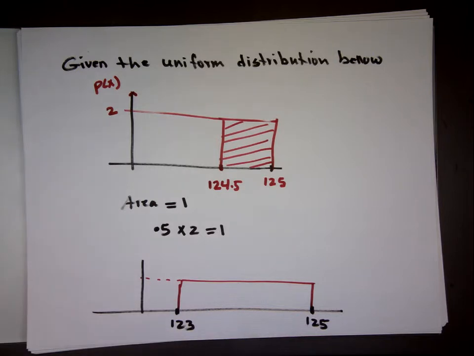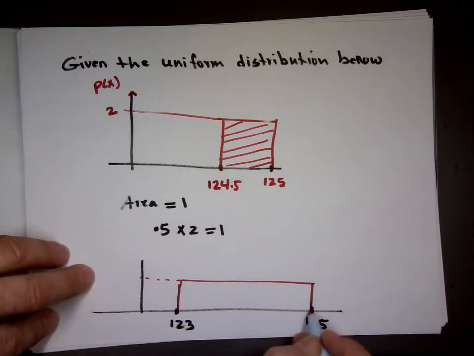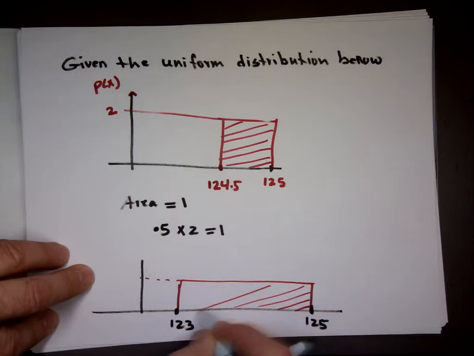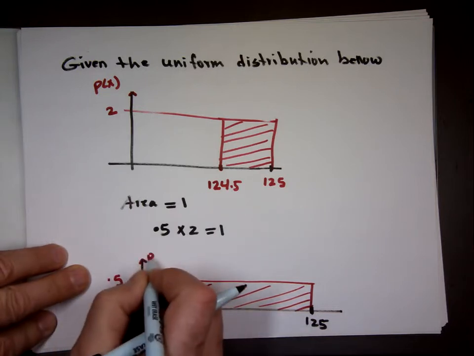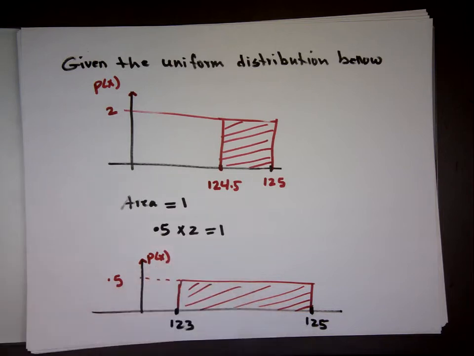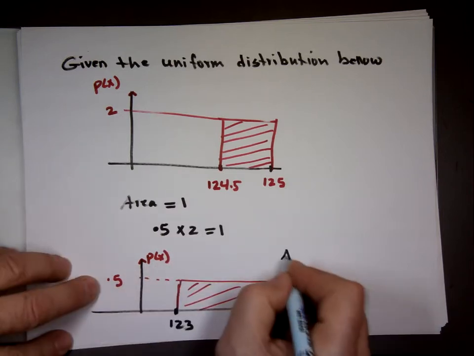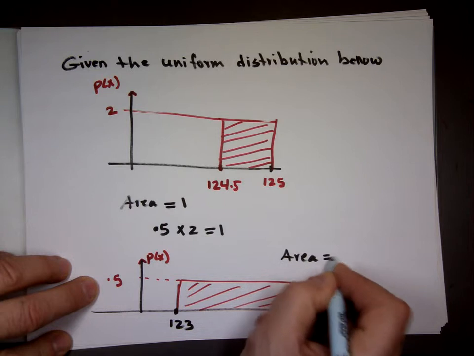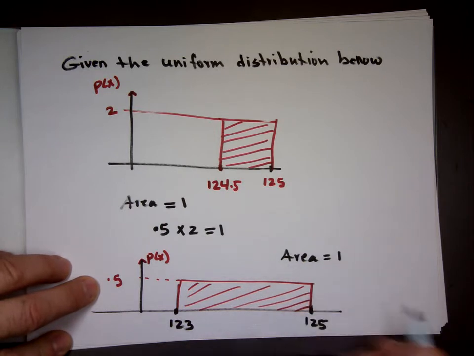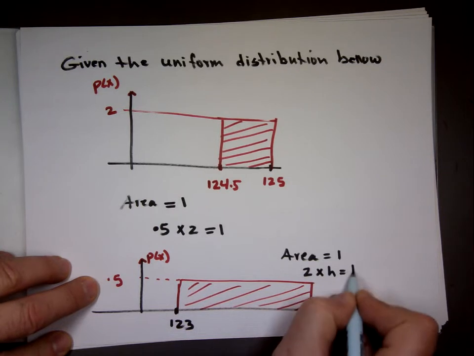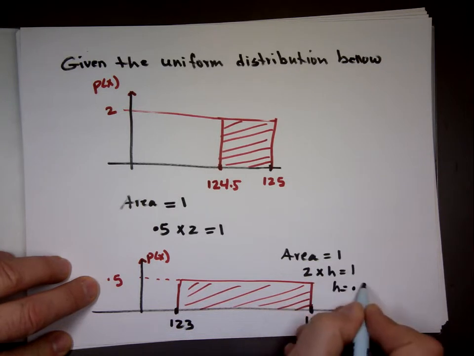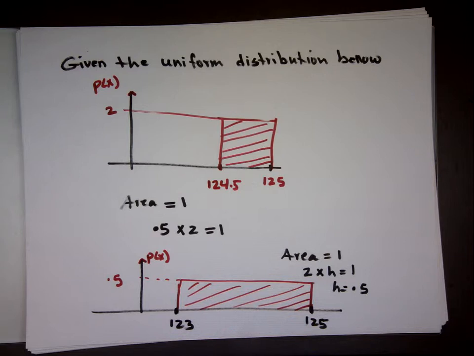So in this case, the height will have to be what? 0.5. Why 0.5 again? You want the area to be 1. The width here is what? 2. 2 times the height equals 1. The height will have to be 0.5. That's a better problem now.